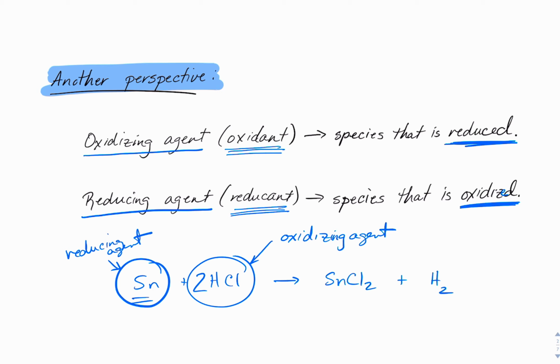Now, in these reactions that we see here, where we have Sn going from 0 to +2, and hydrogen going from +1 to 0, sometimes we can write just the part of an entire reaction that is reduced or just the part that is oxidized.